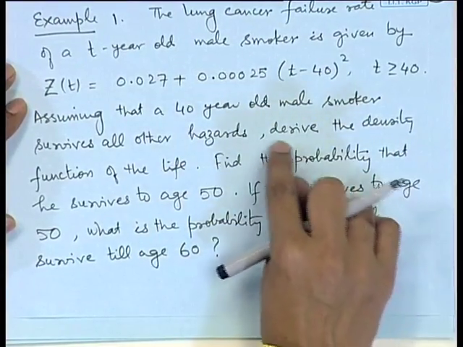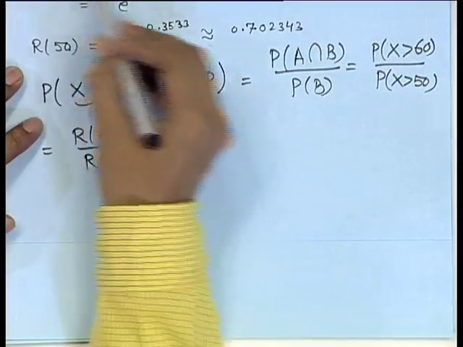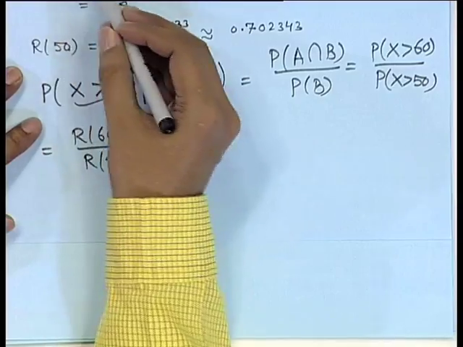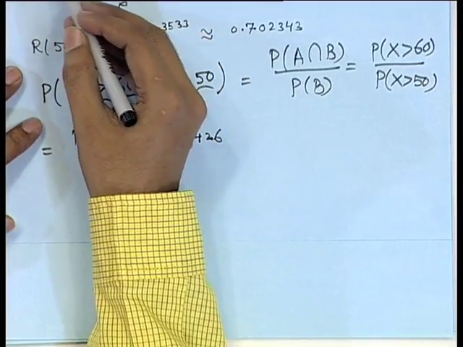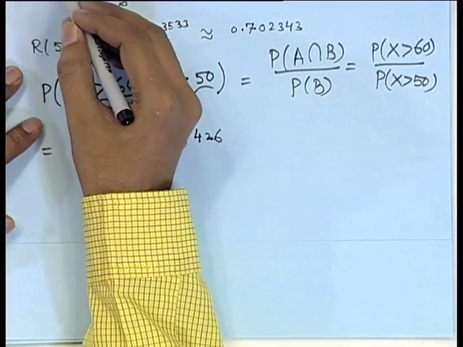The probability density function of the life can be obtained simply by looking at the derivative of the reliability function, because the reliability function is 1 minus the cumulative distribution function.